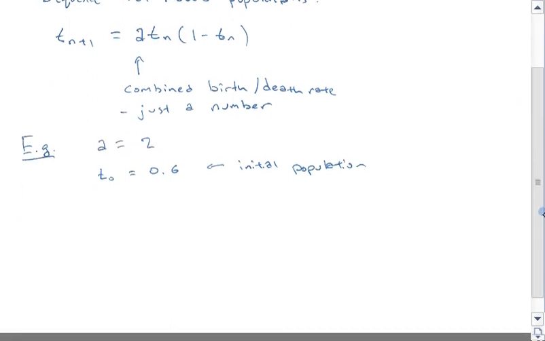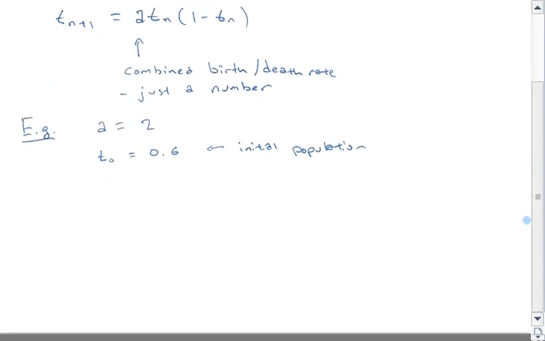Okay. So given that, let's go ahead and generate our sequence. So we had this one up here, right? Tn plus 1, this is the one we're going to keep referring to. Tn plus 1 is a times Tn times 1 minus Tn. So let's just write this out with a in there.